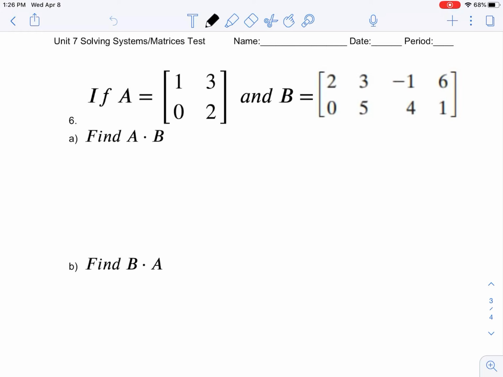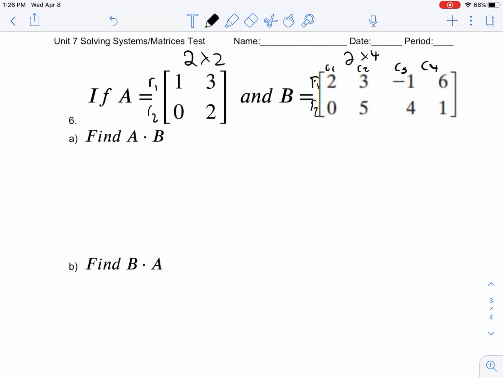So there is a difference between multiplying A by B and B by A. First off, the order of it does matter. And when you are doing this, you need to know that this is a 2 by 2, and this is a 2 by 4. There are 2 rows, row 1, row 2, by 4 columns: column 1, column 2, column 3, column 4. That's the same thing over here, row 1, row 2, and then the columns as well.